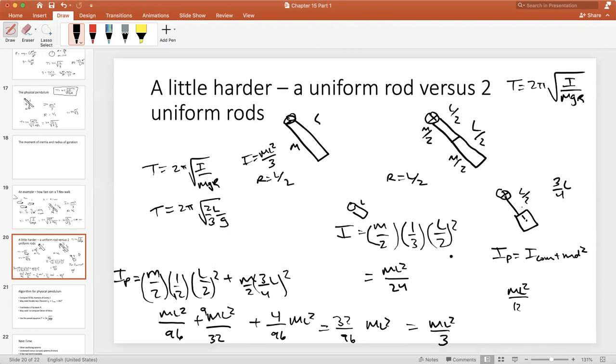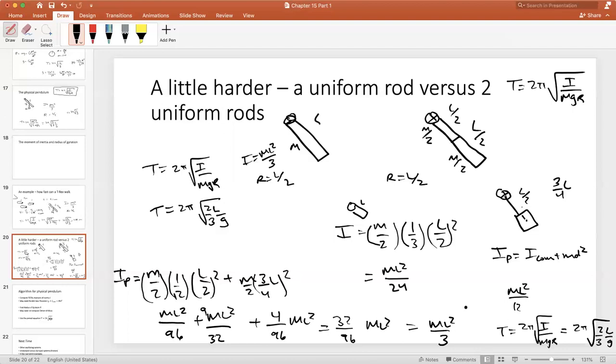Now my T, again, T is 2 pi square root of I over mgr, and this is 2 pi. This is ml squared over 3. This is mgl over 2. So this is 2/3 L over g again.